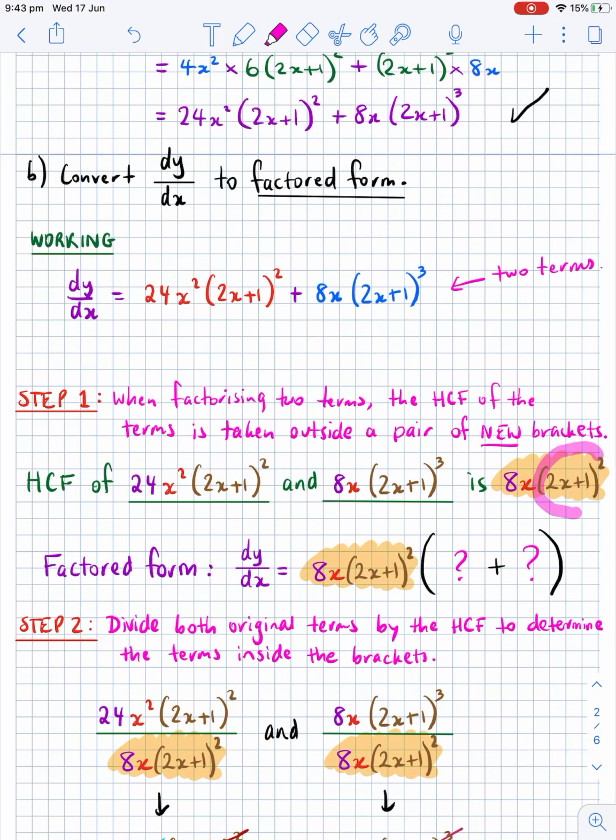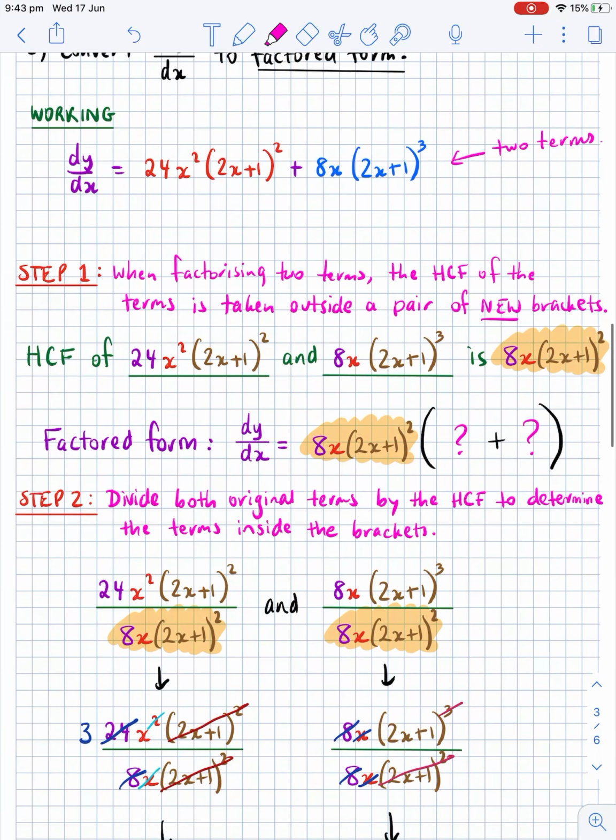So that means that 2x plus 1 all squared is going to be part of my highest common factor. Okay, so our factored form is going to look like this: highest common factor out the front of a new set of brackets. But we still need to find these 2 parts.